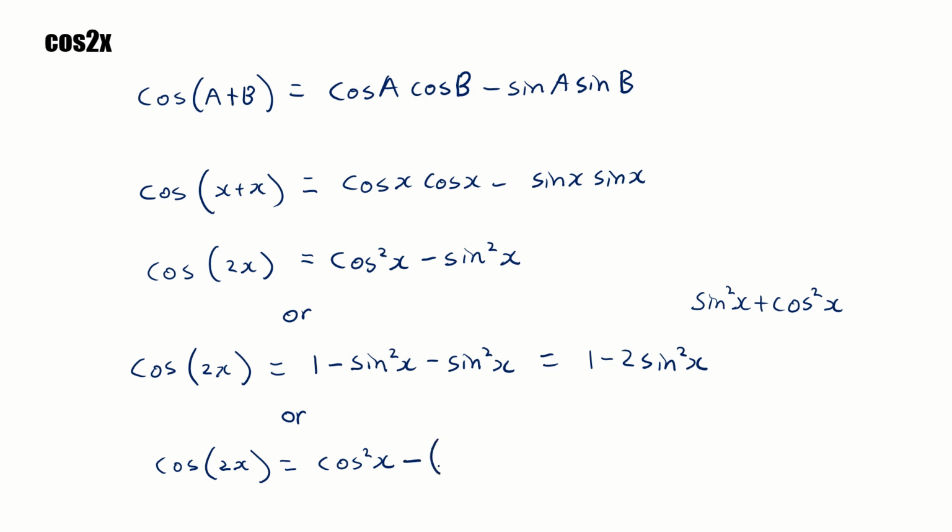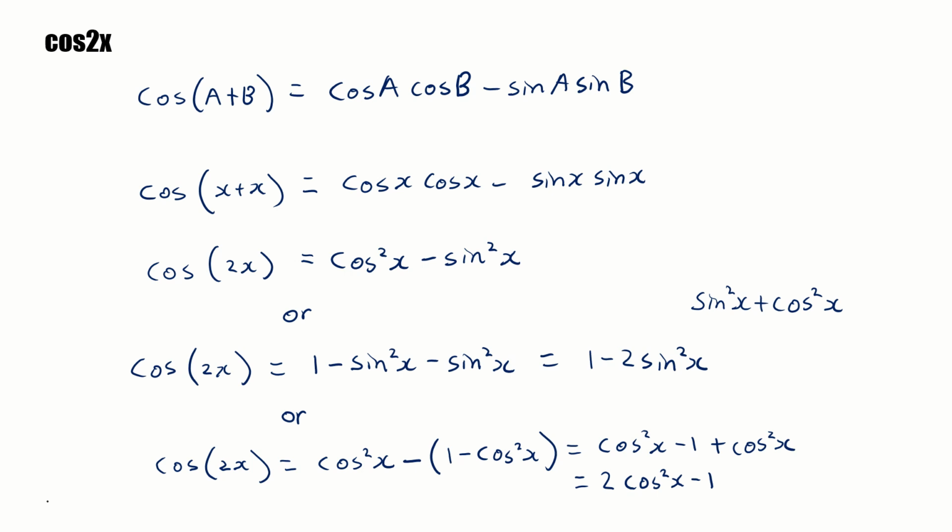However, make good use of brackets, because the sine squared x was being subtracted before, so its replacement has to be subtracted as well. We end up with cos squared x minus 1 plus cos squared x, because of the minus minus situation, which leads to 2 cos squared x minus 1.